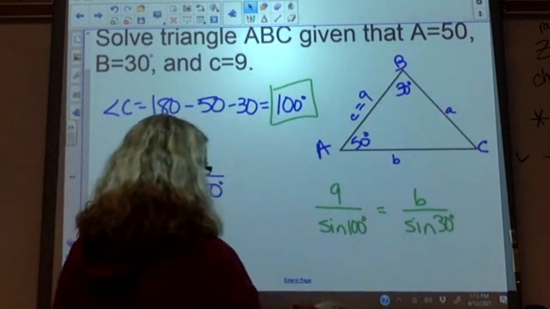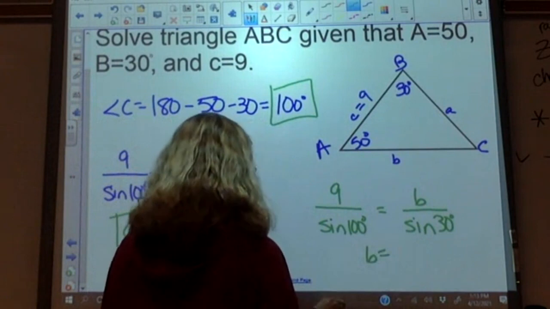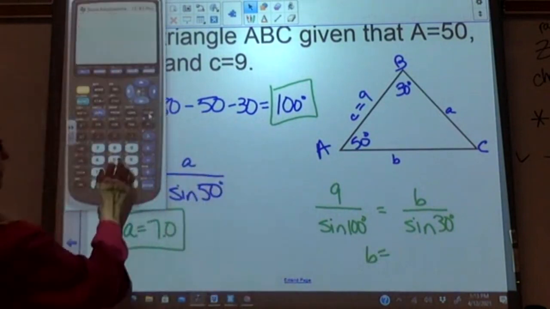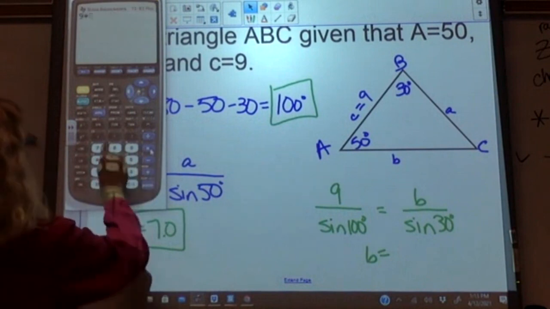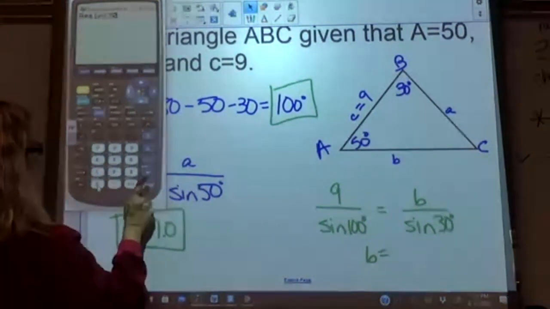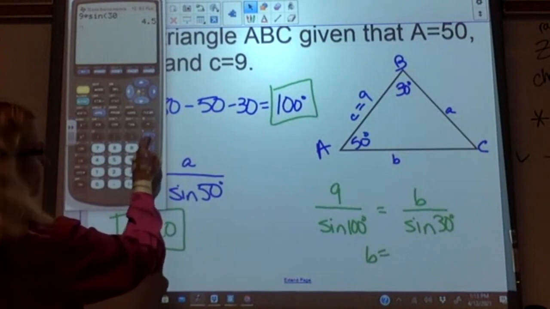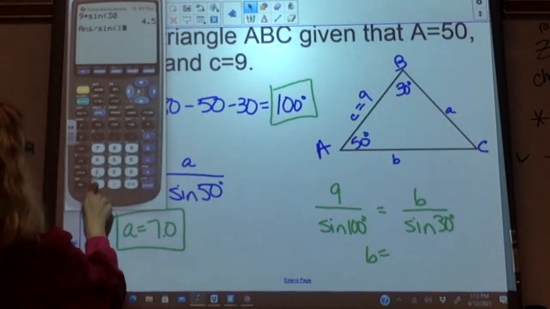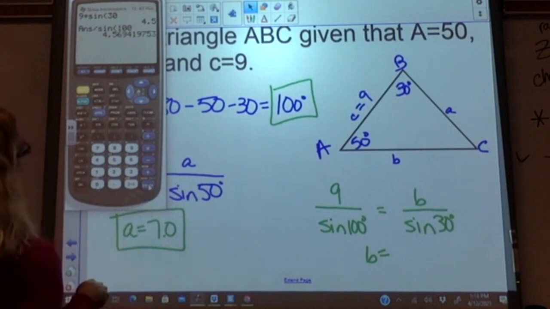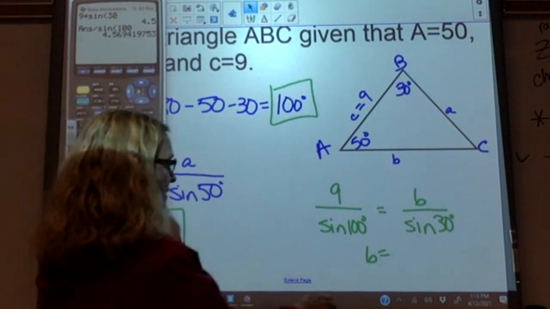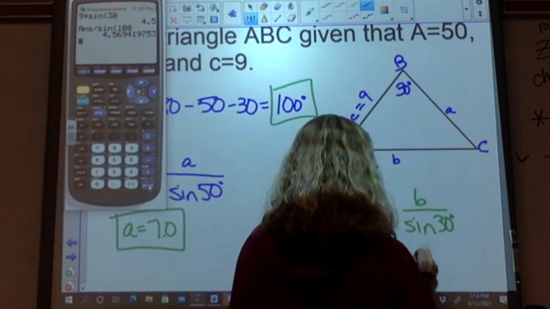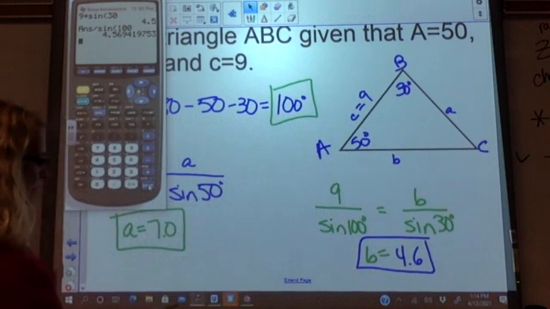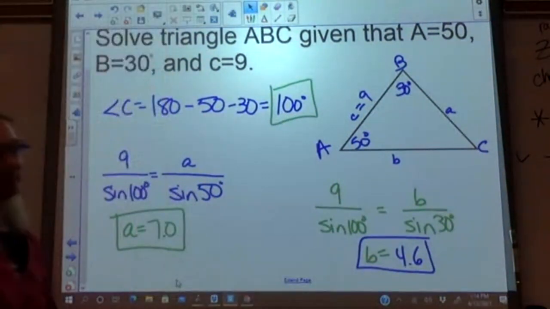And so cross multiply, and it's going to give you B equals, so put this in, 9 times sine of 30 divided by sine of 100. And so this is 4.6. And that's side B. So now you have done all the pieces. So law of sines is very easy.